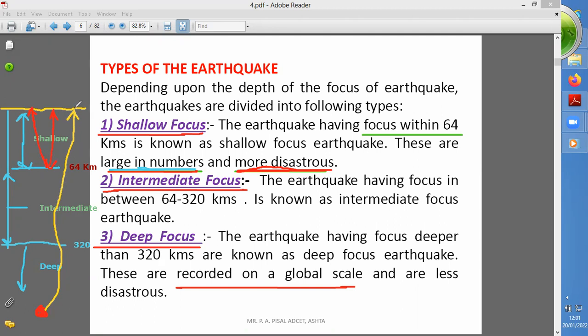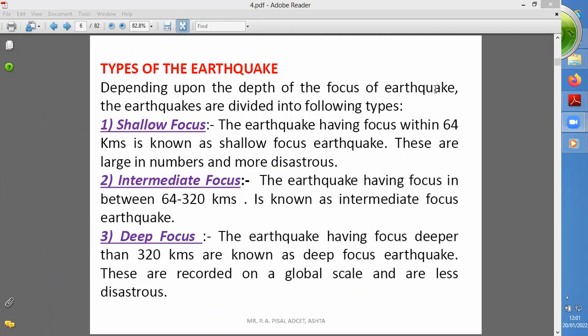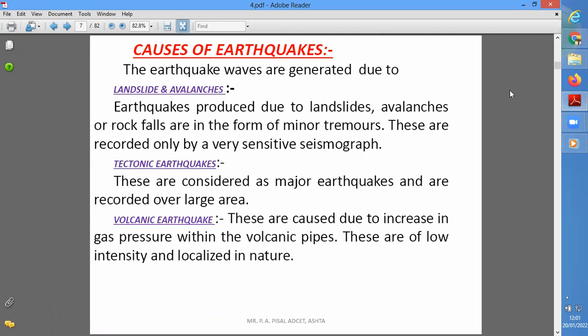Their energy decreases over this traveling distance, so the intensity of the waves decreases while traveling from the focus towards the earth surface. So these are the three important types of earthquakes: shallow focus, intermediate focus, and deep focus.